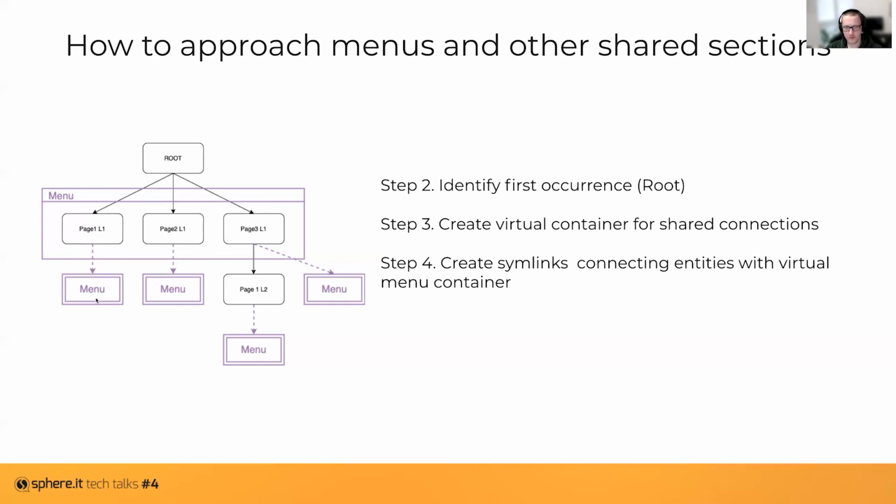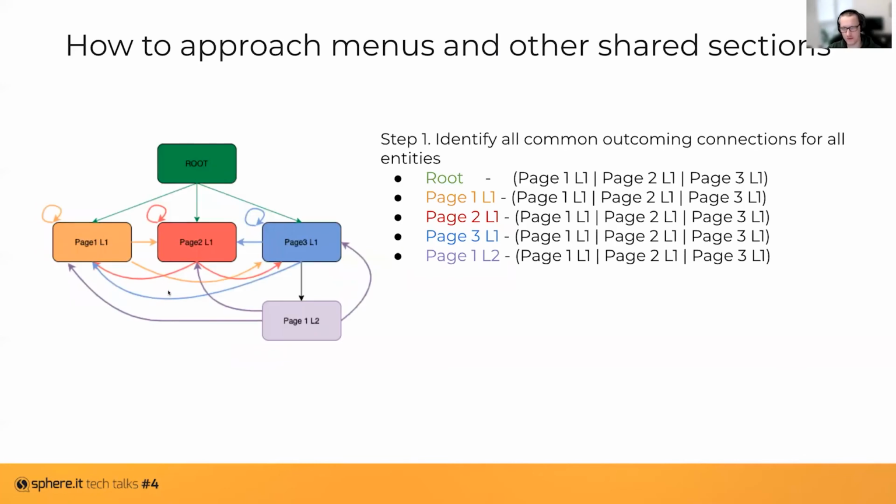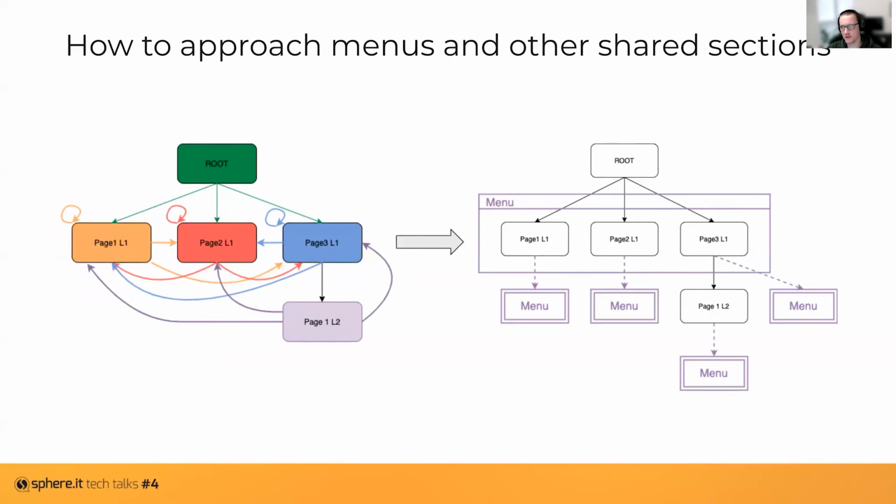And because of this operation, we once again converted the graph structure into a tree structure. The representation is much simpler than it was before in the image on the left side. And now you can see the direct comparison between the diagrams.